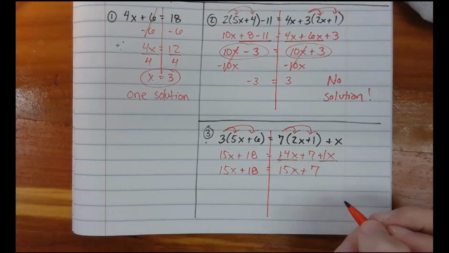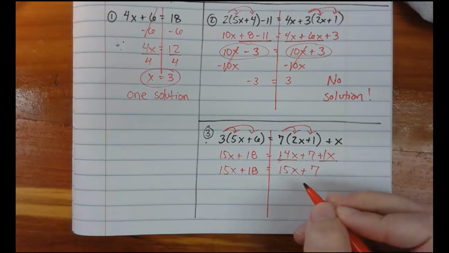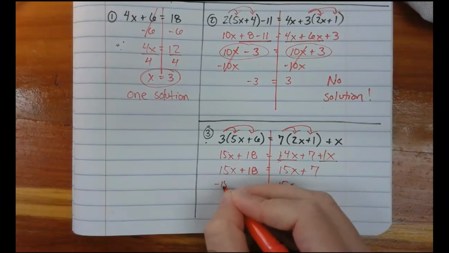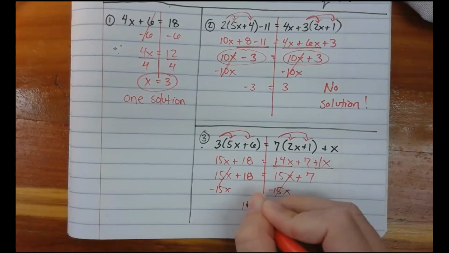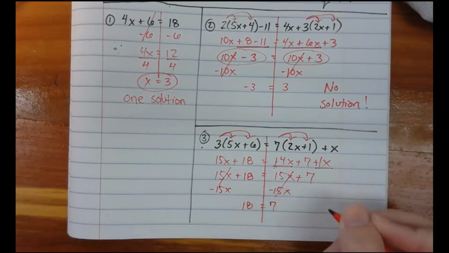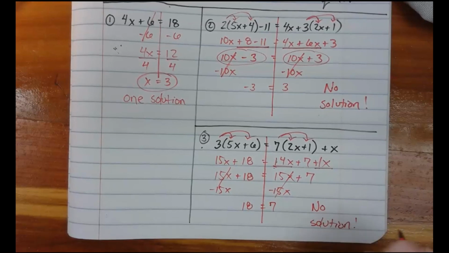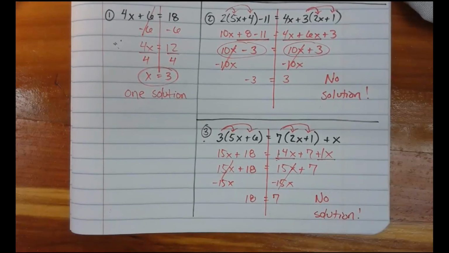Well, you have probably already figured out then that this is also no solution, because when I subtract 15x, those both cancel, but I end up with 18 is equal to 7. So guess what? This is also no solution. Well, we were expecting it to be infinite solution, but it wasn't.